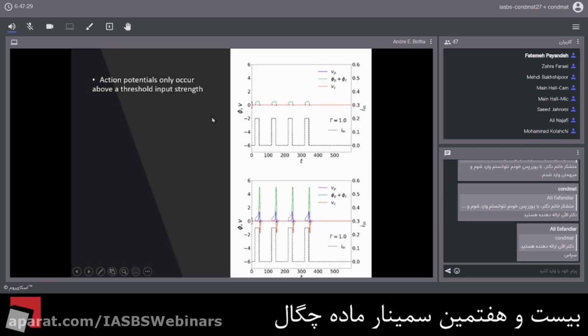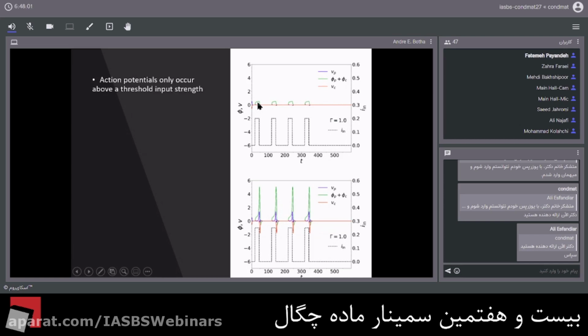So here is a simulation of the equations we saw previously for a single neuron. And in the first instance, the input signal is given by this black dashed line. And here the input signal is set at about 0.2, but as you can see, it's not sufficient to trigger the behavior that we want.